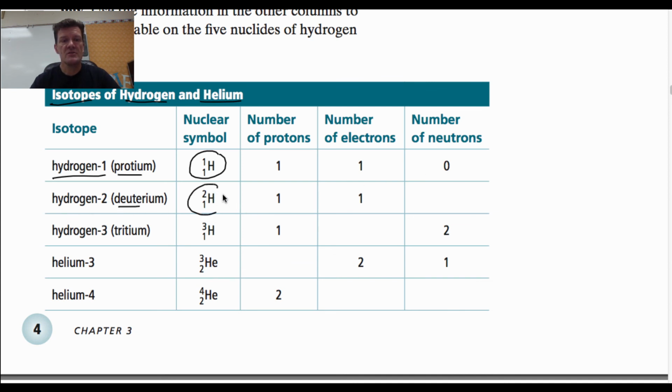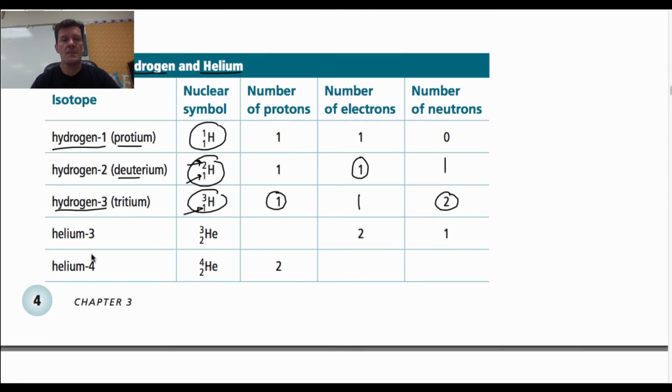Here's the symbol, and that symbol tells us it has 1 proton, but the total mass is 2, so it must also have what? 1 neutron. It's always going to have 1 electron if it's neutral. Hydrogen 3, or tritium, has, here's the symbol, 1 proton always. Mass is 3, so it must have 2 neutrons, and it's always going to have 1 electron if it's neutral.